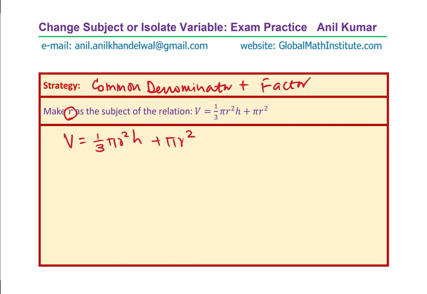The idea is whenever you have a fraction, something in the denominator, it is good practice to remove it. You could have done that in the earlier question also. So that is to say, we could multiply each term by 3.